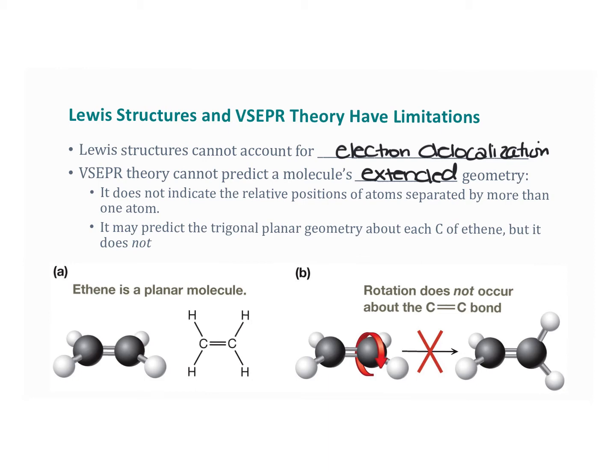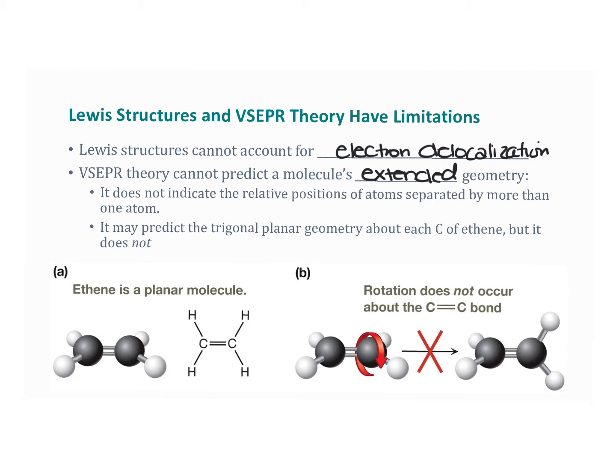What that means is it can predict the trigonal planar geometry around each of these carbons here. So we can look at ethene and say, according to VSEPR, that's trigonal planar, but it cannot predict that there's no rotation around the double bond. These are some pretty big limitations.